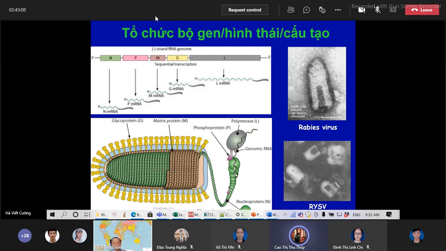So the question, basically it is correct, but the question here, and now, trả lời câu hỏi tôi nhé. Now, do you think the genomic RNA of negative sense viruses can be used as a template for translation? My answer is no.